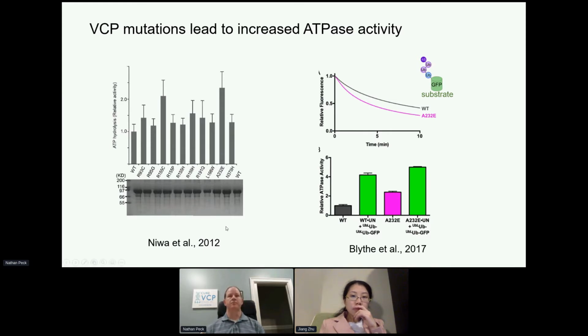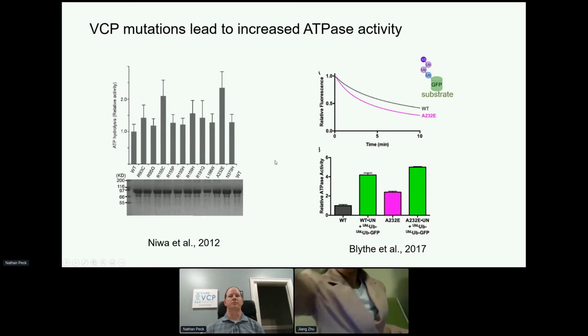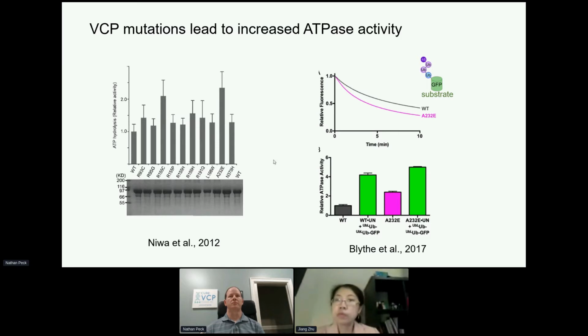And here on the right, you're looking at the study by Raymond Deshaies' lab where they are looking at VCP's activity to unfold GFP as a substrate. Gradually, we're losing the fluorescent signal of GFP because GFP is gradually unfolded, and it seems that VCP mutations lead to an increased activity as well.